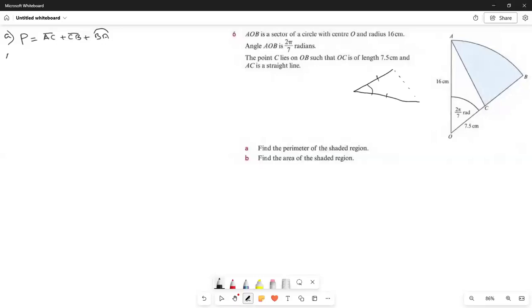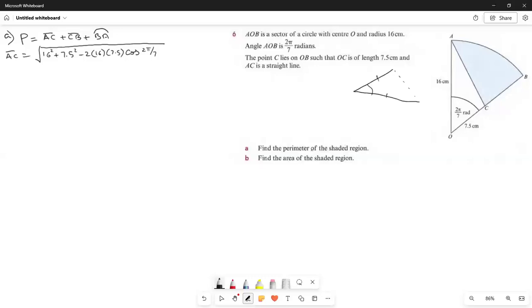So you can see that the AC length is equal to square root, and OA is 16 squared plus 7.5 squared minus 2 times 16 into 7.5 into cosine of the angle between them, which is 2 pi by 7. So this is the length AC.